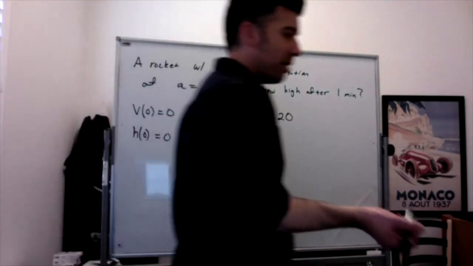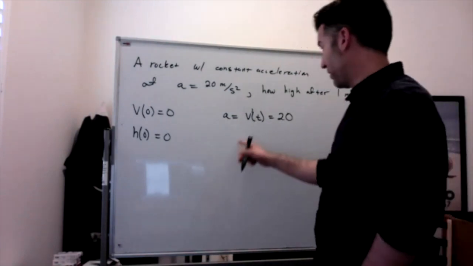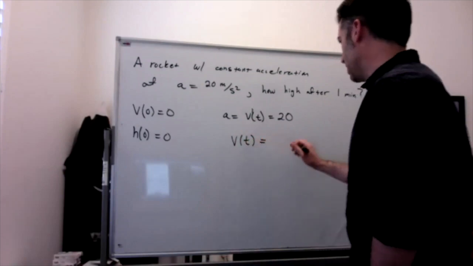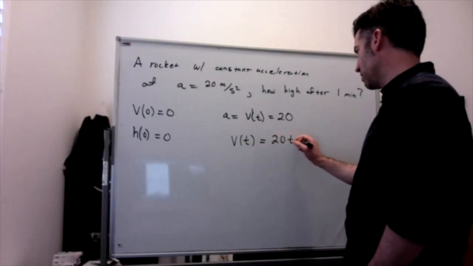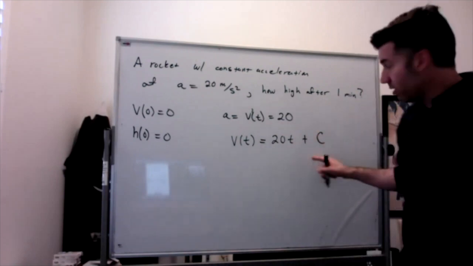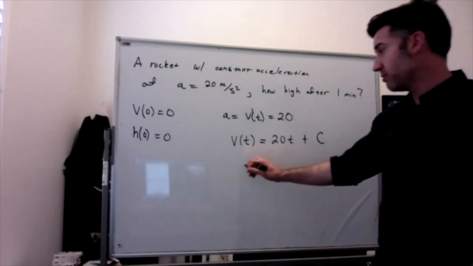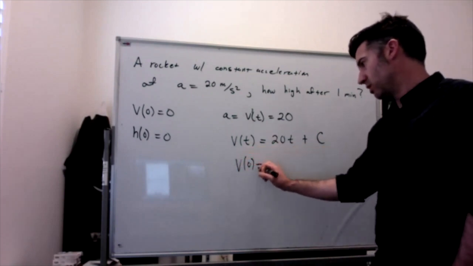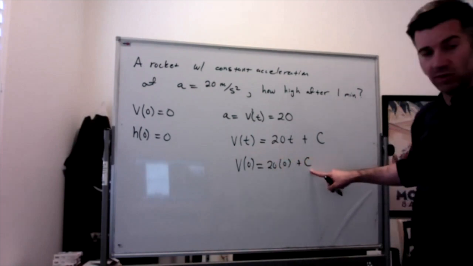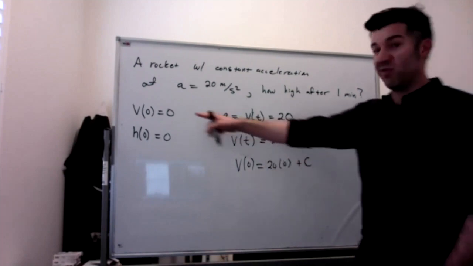This is going to allow me to find an equation for the velocity at time t. So I anti-differentiate this: v of t is equal to 20t plus a constant. That constant is actually the initial velocity, because if you plug in 0 for t, you get 20 times 0 plus the constant. So the constant is literally v naught, which we know is 0.